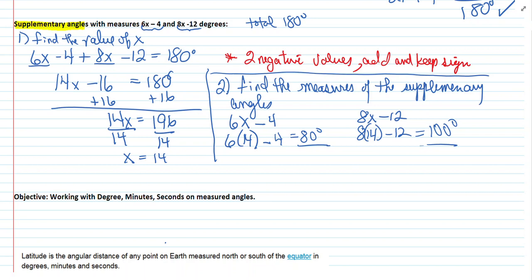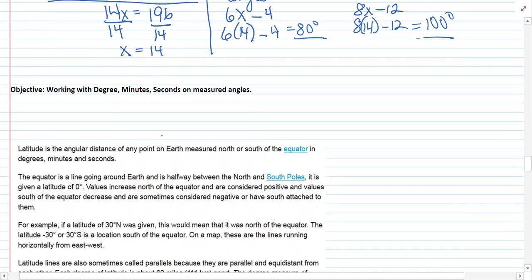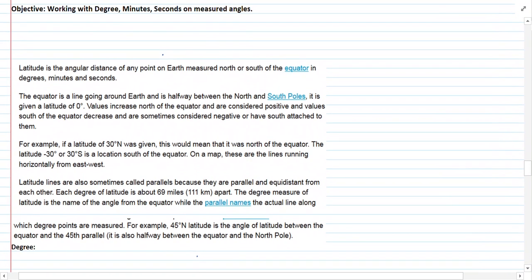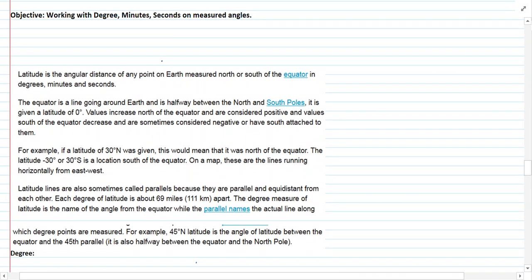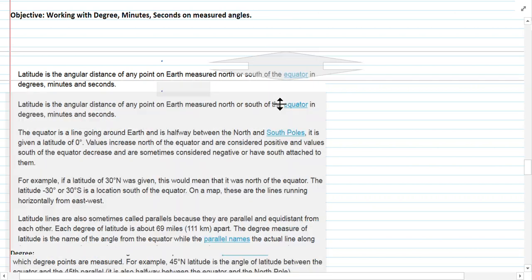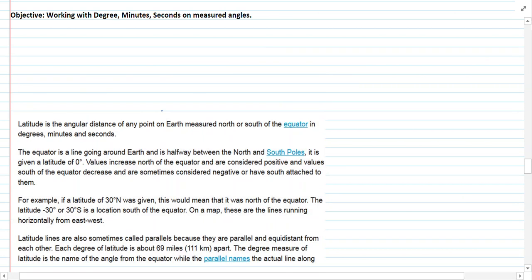Okay. Now this next section has to do with subdivisions of degrees, minutes, and seconds. So in this, we understand that a degree has a number followed by an upward 0.